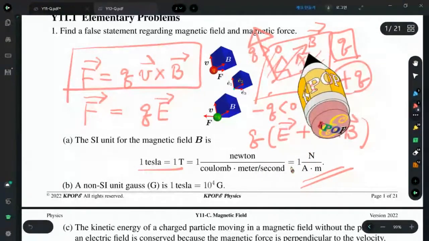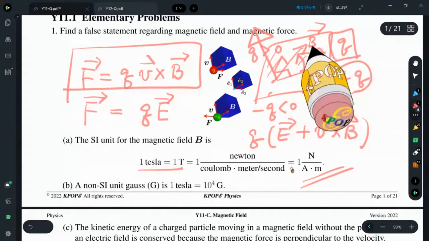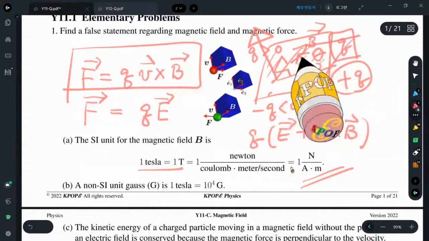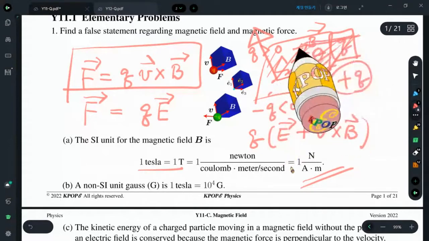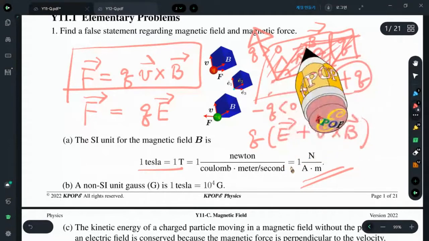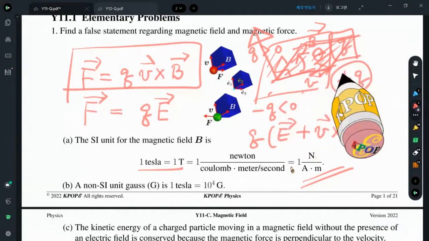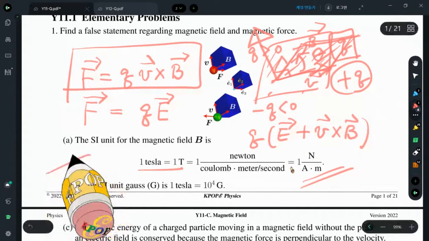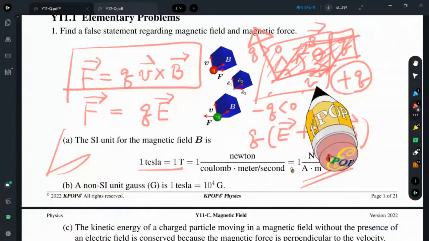And from V to B, there is an angle theta, and this magnitude is the area of this parallelogram.